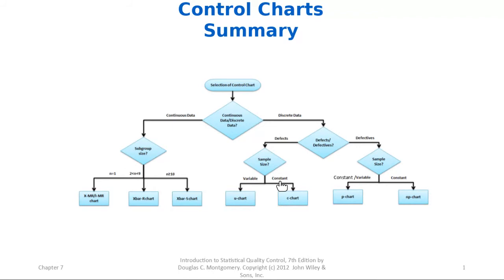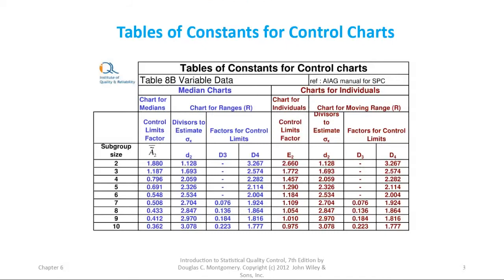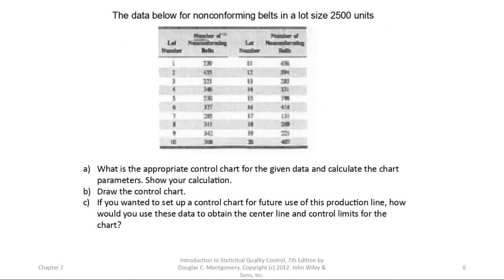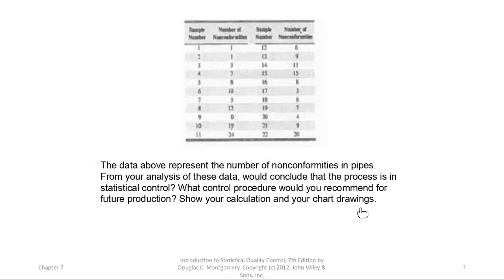If we have a constant sample size, then we will use the C chart. If we have a variable sample size, then we use the U chart. In our case, he didn't mention the sample size. So in that case, what are we going to use? Did he mention there is a variable sample size? No, he didn't. So that means we have a constant sample size.